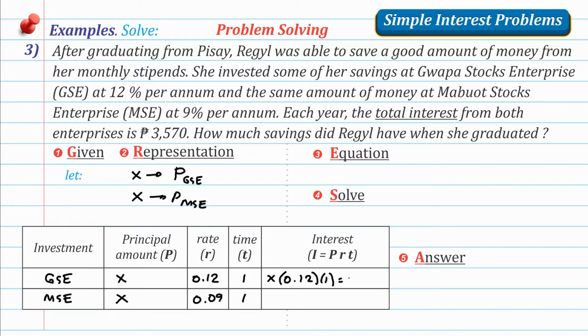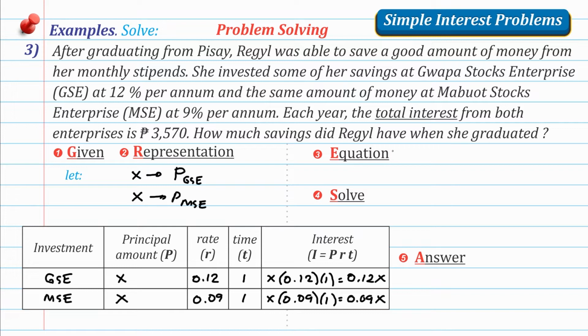So, simplifying this, it's 0.12x. That represents the interest for GSE. Now, how about the MSE? So, we simply multiply X times 0.09 times 1. So, this is represented by 0.09x. So, table done. Representation also done.